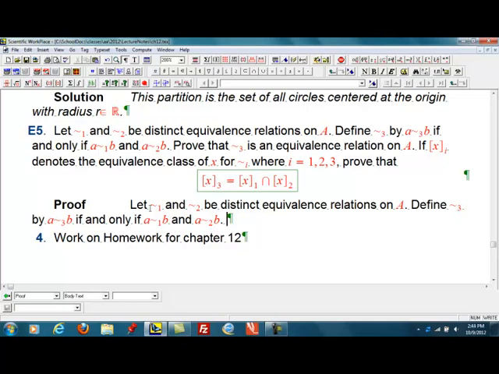The objects are equivalent if there is an equivalence relation between them. We're trying to show that our tilde 3 is an equivalence relation. The definition of equivalence relation says it has to be reflexive, symmetric, and transitive. So we actually have to show that.